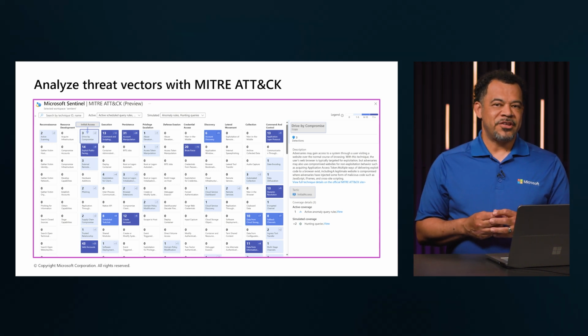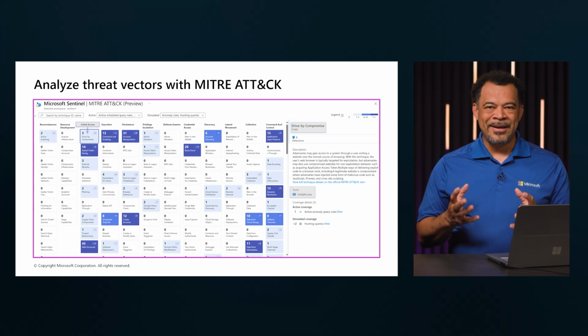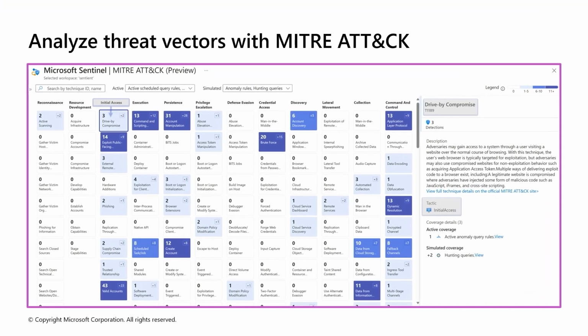The matrix view displays each technique as a tile, color-coded to indicate coverage through scheduled rules, anomaly detections, or your hunting queries. Clicking on a tile reveals detailed information about the technique, including its description and how it's currently being monitored. This structured approach helps prioritize detection gaps and align your security strategy with known adversary behaviors.